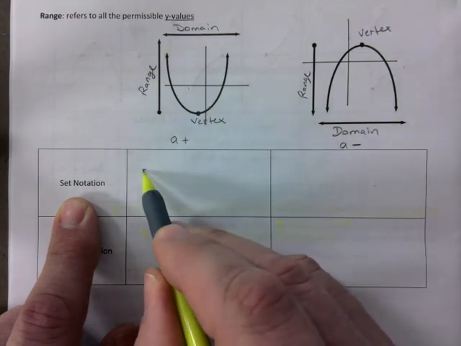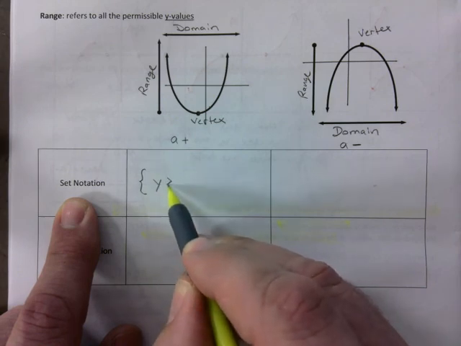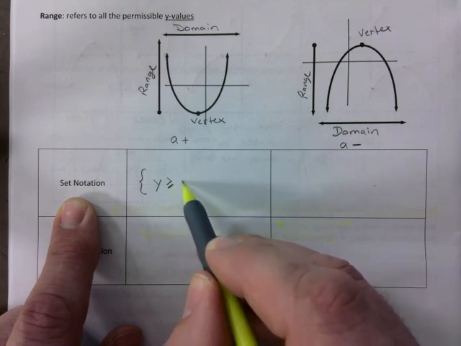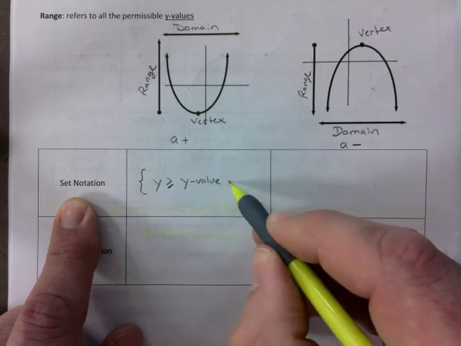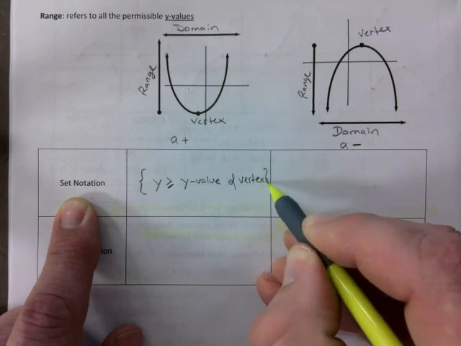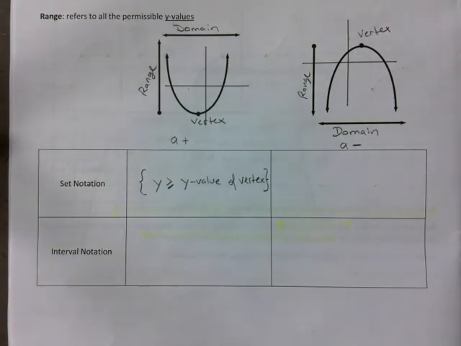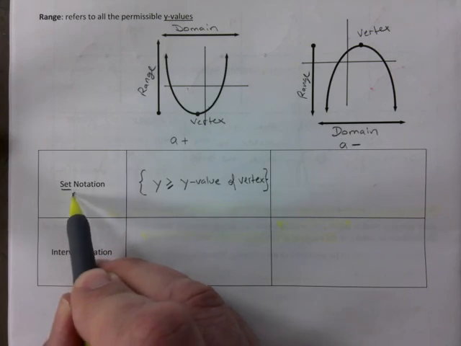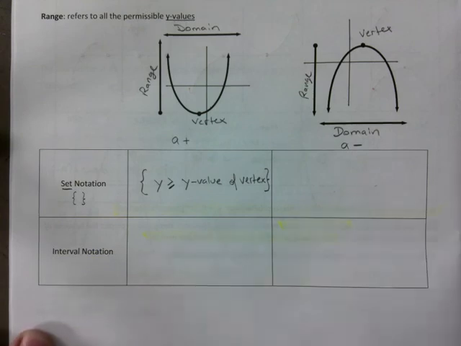In set notation, the only y values allowed are values that are greater than or equal to the y value of the vertex. And you use those squiggly brackets, okay? They're the fancy ones for set notation. That is a must, okay? So maybe write next to set notation to help you remember.